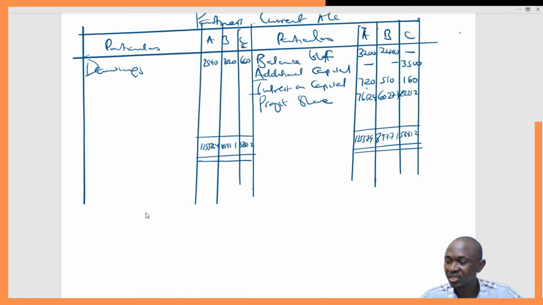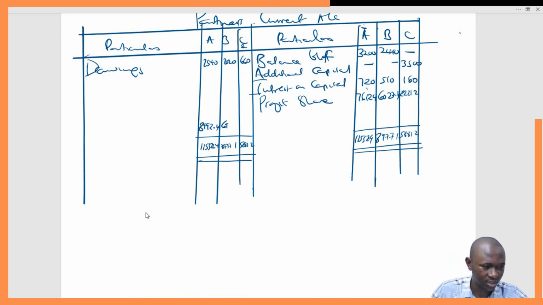This thing is quite time consuming. 8992.4, and then 8977.1 minus 2020 gives you 6957.1, and lastly 5881.2 minus 660 gives you 5221.2.